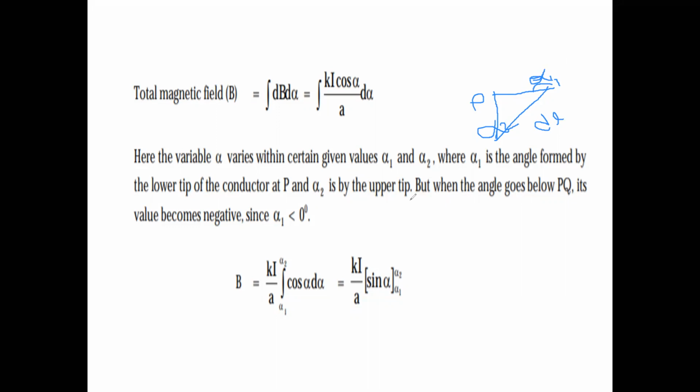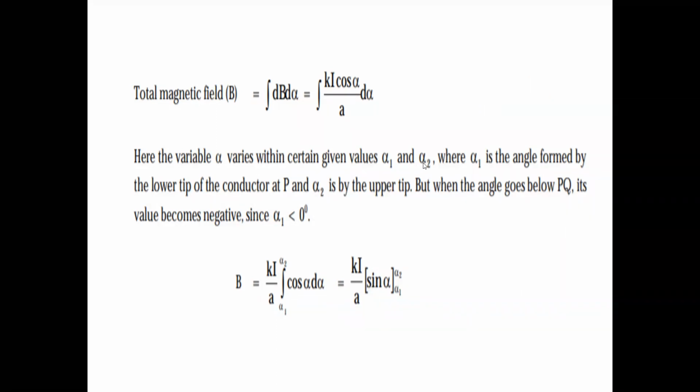Whenever we apply integration, we have to know the limit values. So the limits of alpha are alpha 1 and alpha 2. Alpha 1 is the angle made by the lower tip of the conductor at P. Similarly, alpha 2 is the angle made by the upper tip of the conductor.